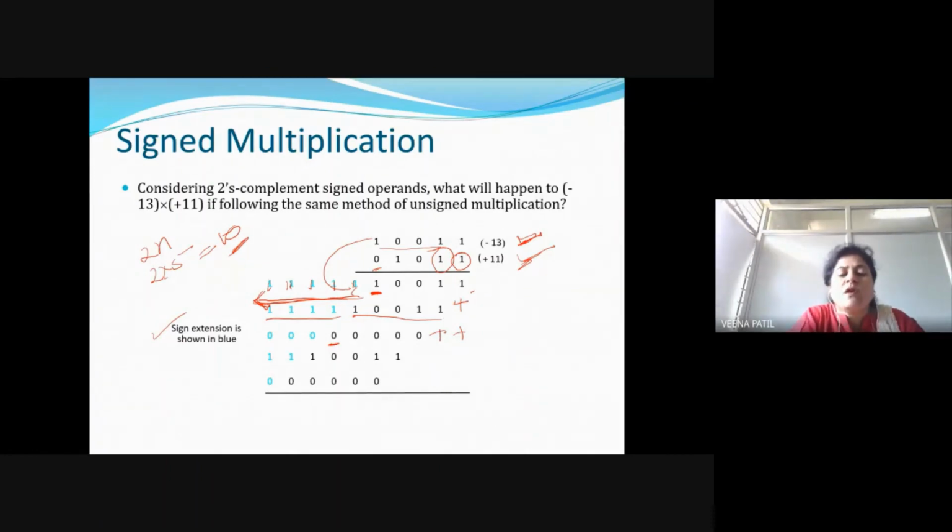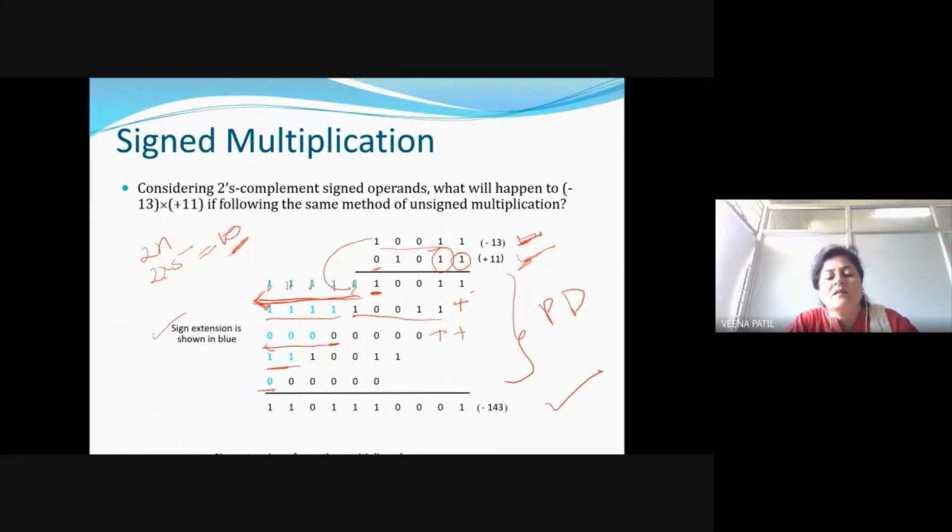So the MSB bit is extended so that we occupy 0, 0, 0 in the partial product. Now similarly for the next stage, you can see here 1 is extended, that is the sign bit. Here 0 is extended. Then I simply add the partial products. I will get the final result, that is minus 143.